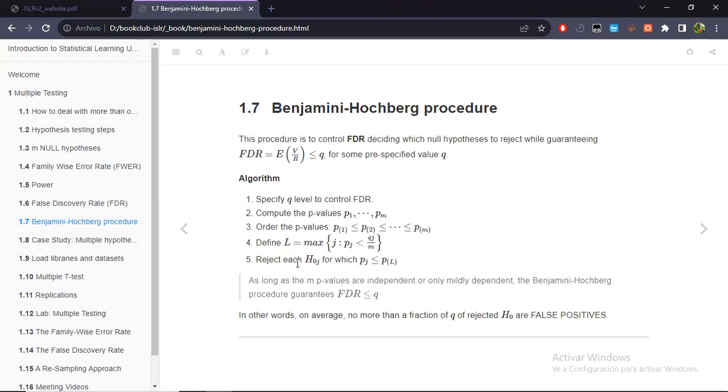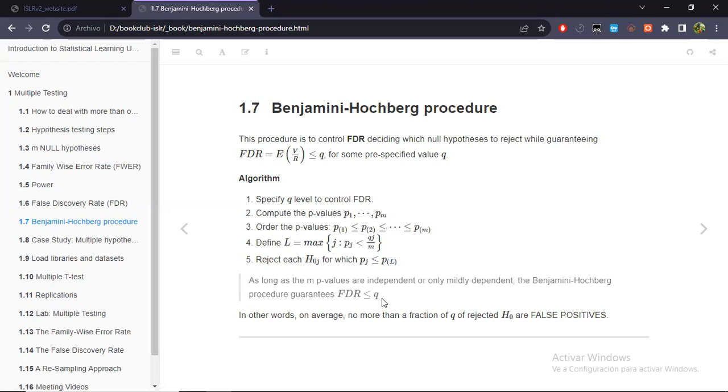And then for the last step, we reject each of the null hypotheses for which its respective p-value was smaller or equal than the p-value for this specific index that we got over here.